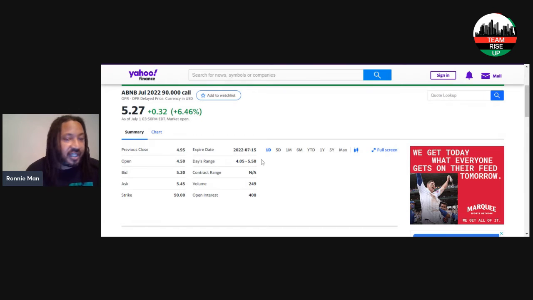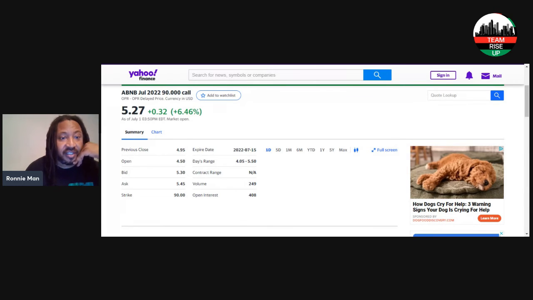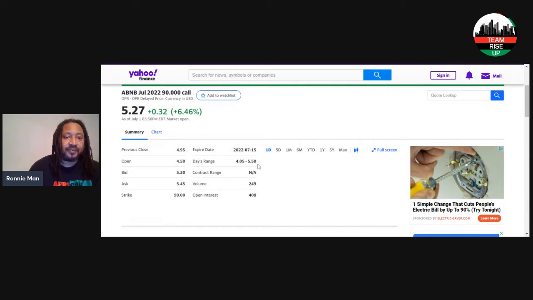What percentage did that contract make just from there to there? We see that it dipped a little lower, at 4.05, and I'm familiar with this contract. It could have hit the high before it hit the low, but I do know that the low took place first. So it ranged $1.45. That was the range of the day. The open was 4.50.